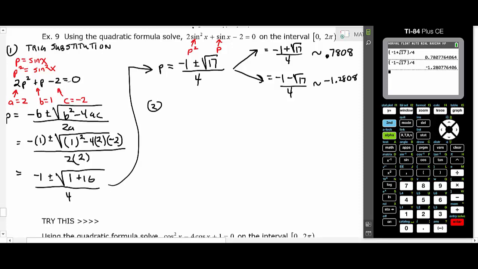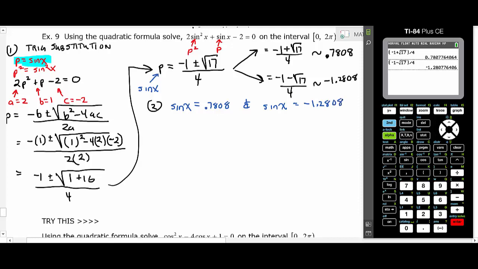Step 2 is you have to remember that if you go back to the substitution, P is sine x. So you get two equations: sine of x is equal to 0.7808, and sine of x is equal to -1.2808.